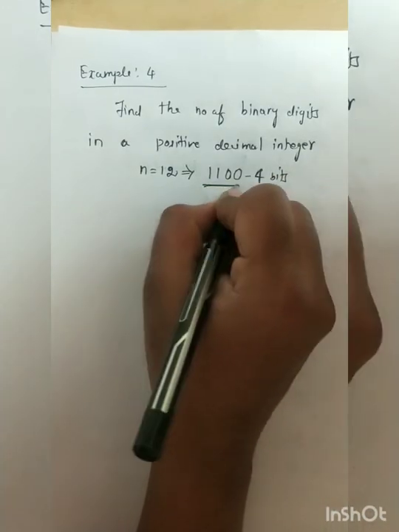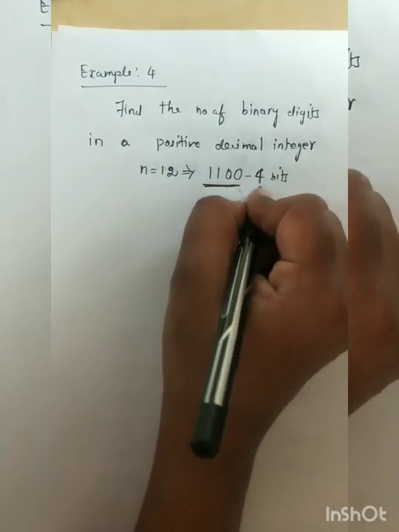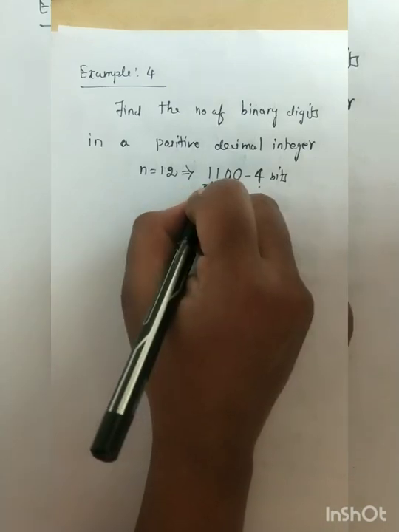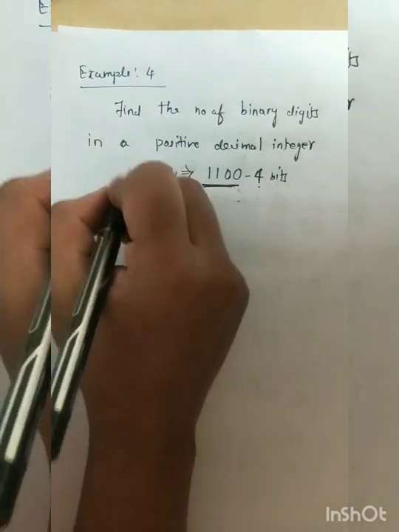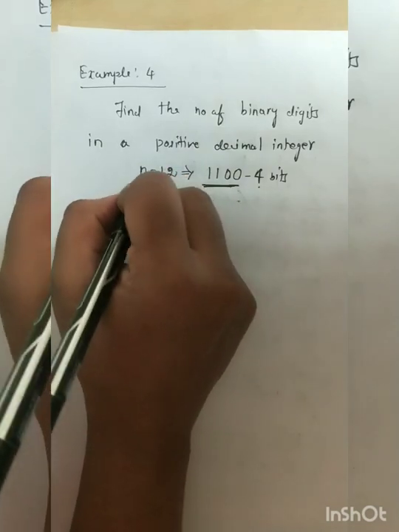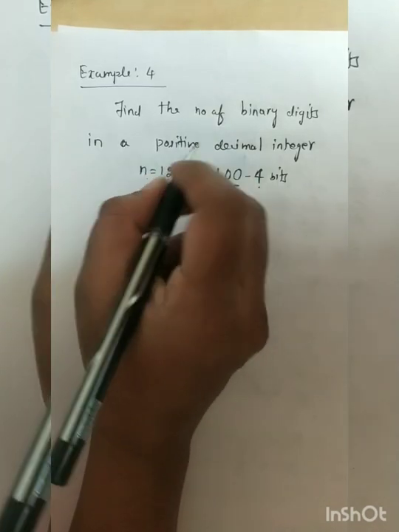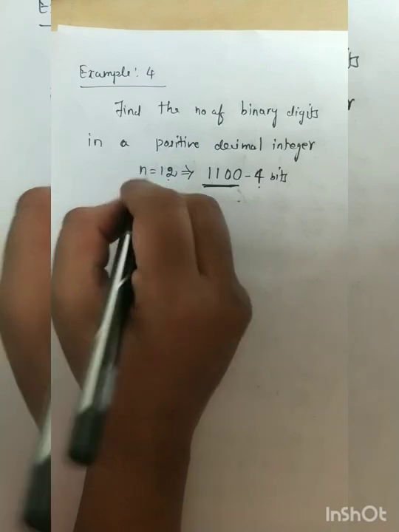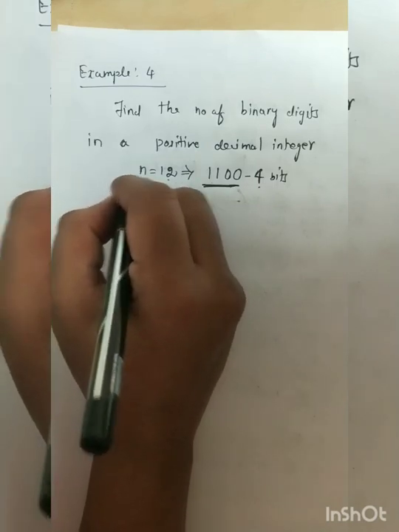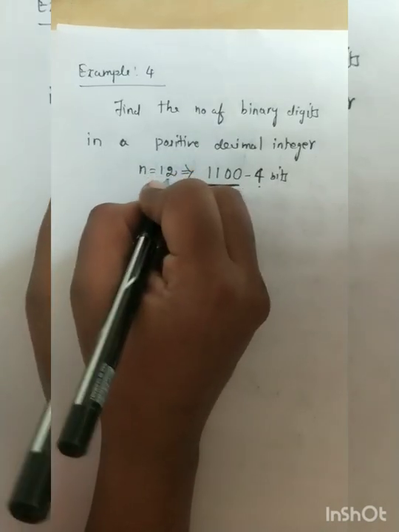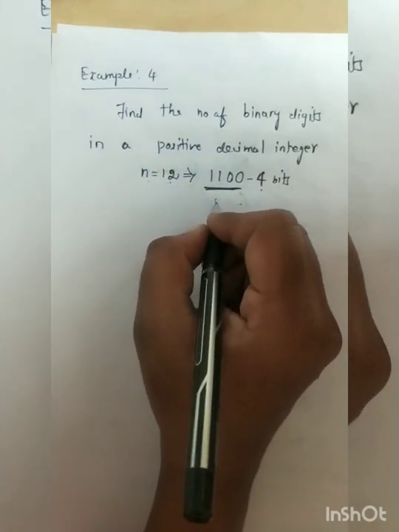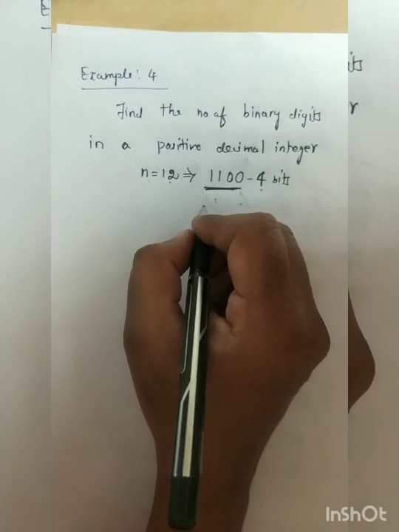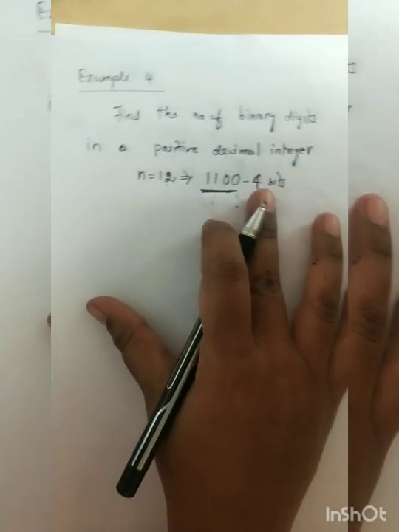There are 4 binary digits needed to represent 12. So the problem is: I am giving n equal to 12, and you want to count how many digits are needed to represent the number 12. Your answer must be 4. That's the concept.